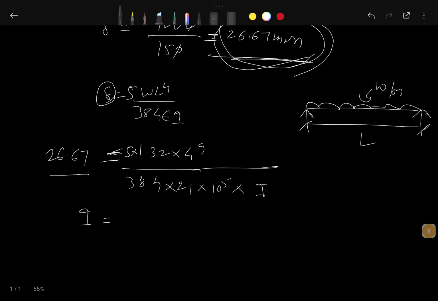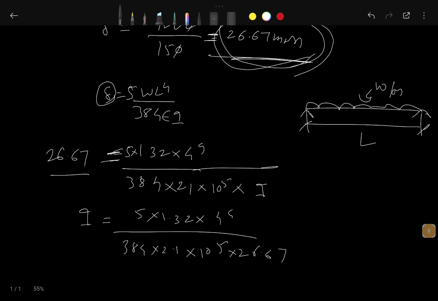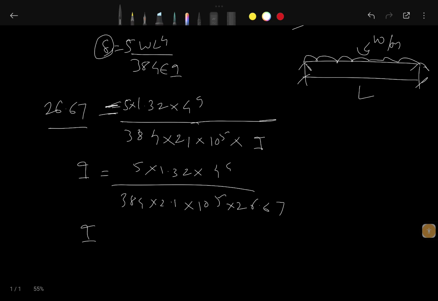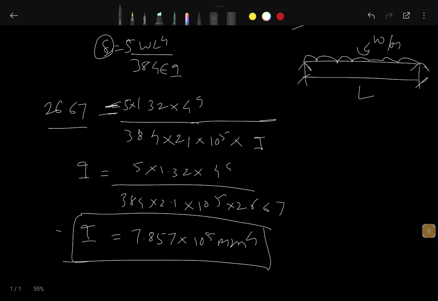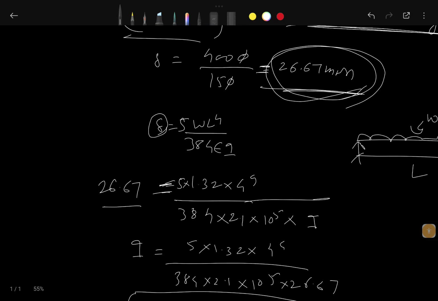So I is equal to 1.32 into 4 raised to 4 divided by 384 into 2.1 into 10 to the power 5 into 26.67. With calculation of all of these, we get the moment of inertia 7.857 into 10 to the power 5 mm raised to 4.